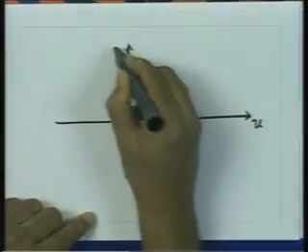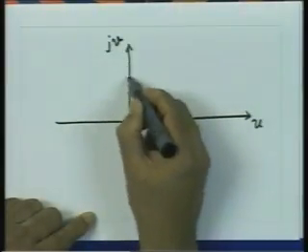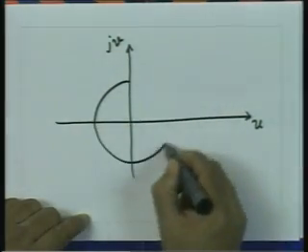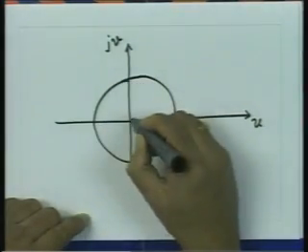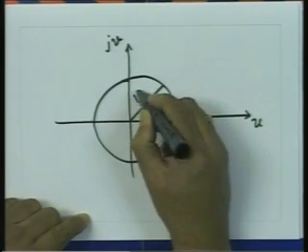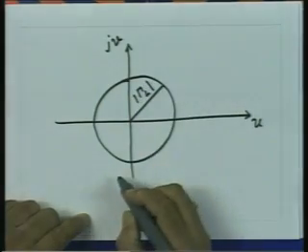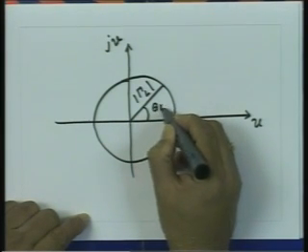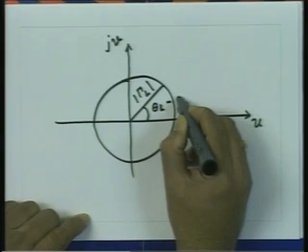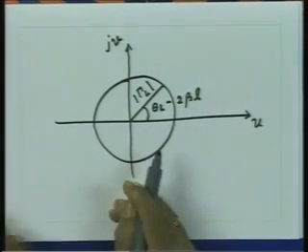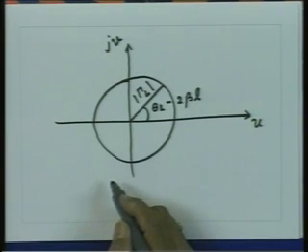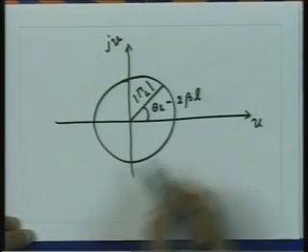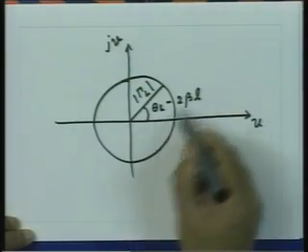So, I can plot this on the complex gamma plane. This is u, this is jv, and I get a circle on the complex gamma plane whose radius is mod of gamma L and the angle is theta L minus 2 beta L. As we move towards the generator, L is positive, so this quantity becomes more and more negative.